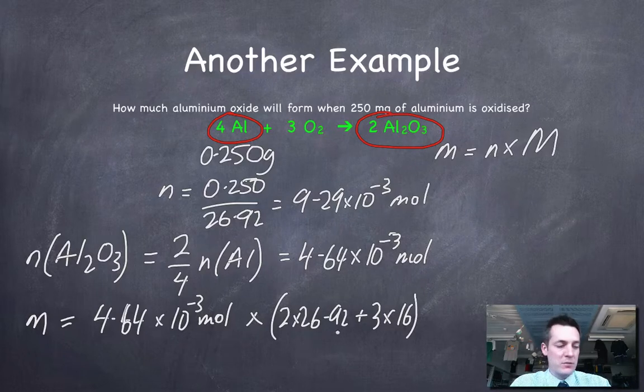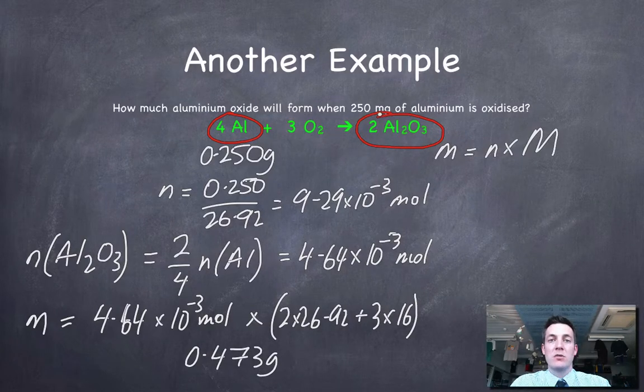If I plug that number into my calculator, I find that it's 0.473 grams. I'm giving it to 3 significant figures because that's what I was given in my data. I might choose to give that in milligrams, in which case I'd write 473 milligrams. Okay, so there we are. 473 milligrams could form from 250 milligrams of aluminium.